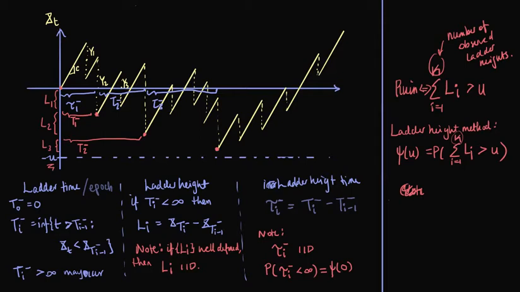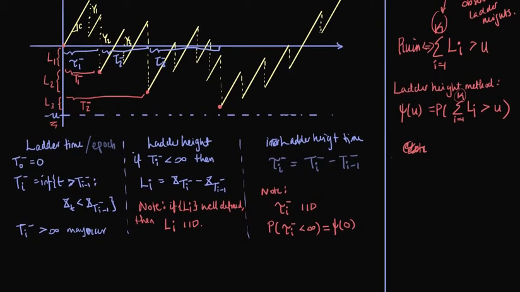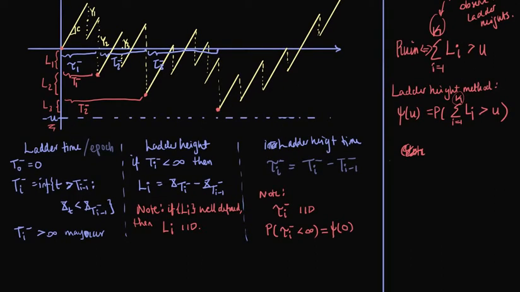Okay, now we will also define one more thing, which is K, the number of observed ladder heights. So let's just write here.